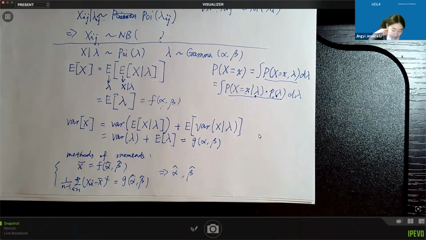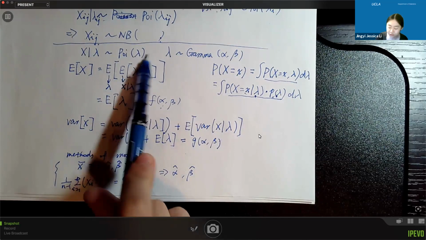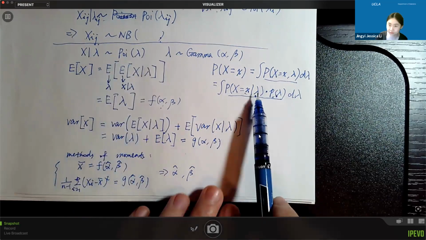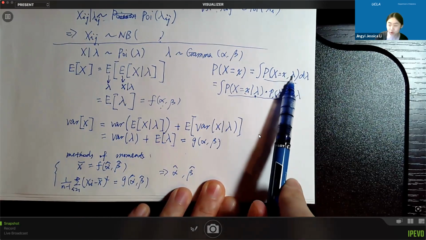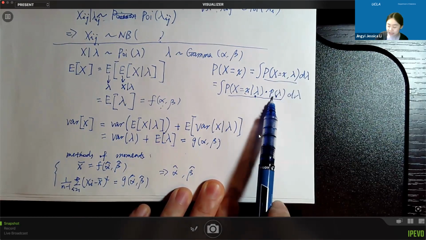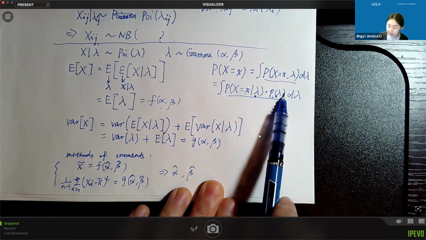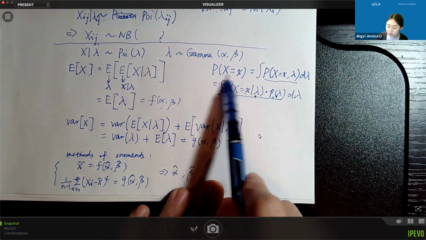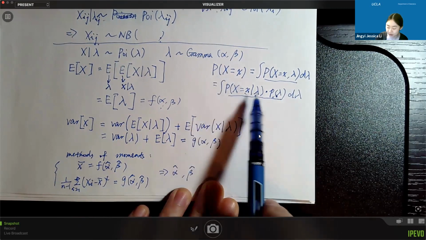data. And then you can ask, how about lambda? Lambda will go away in our marginal distribution because, as you see from here, once I do this integration, lambda will go away. But in this density of lambda, p of lambda, you will have alpha and beta. That's why in this marginal distribution you still only have two parameters, alpha and beta.